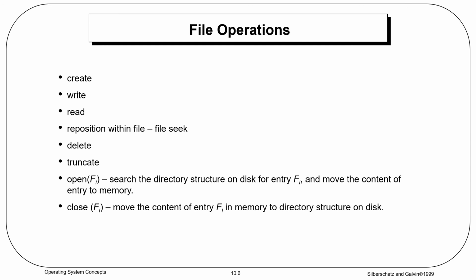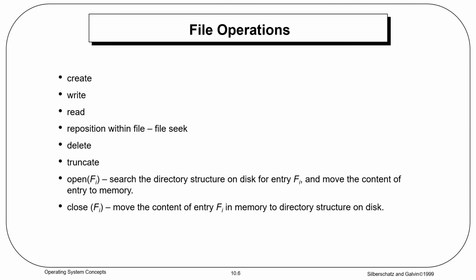When a file operation is requested, the file is specified via an index into this table. So if the file is open, it is available in the open file table, and no searching is required.